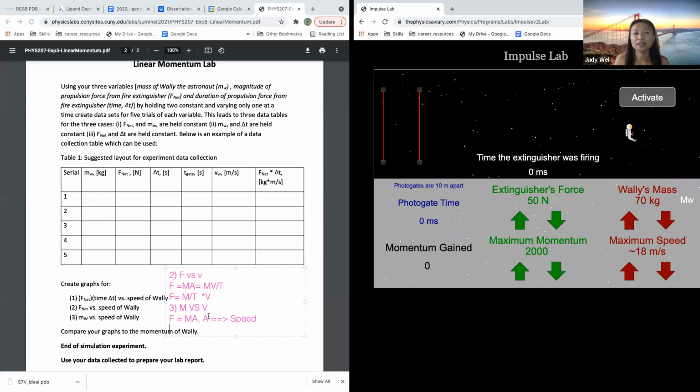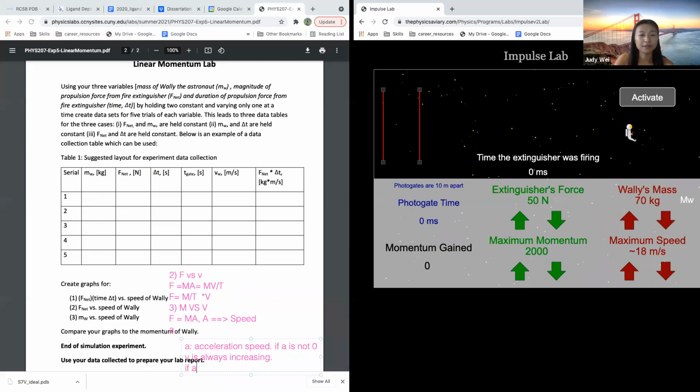So when A is non-zero, V is always increasing because A is the acceleration. If A is not 0, V is always increasing.